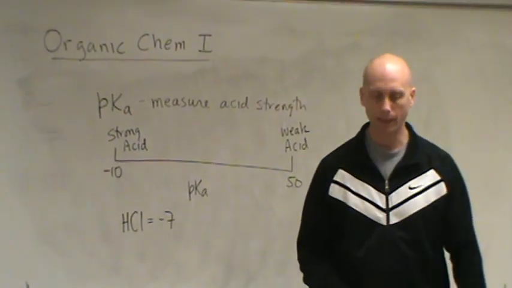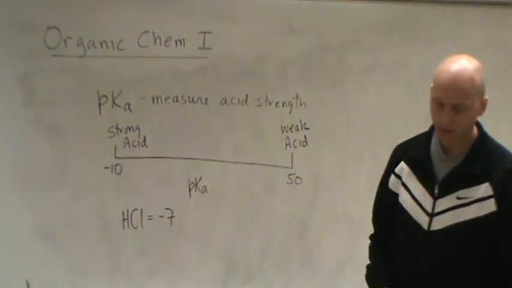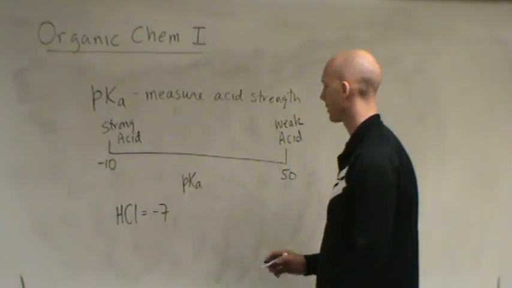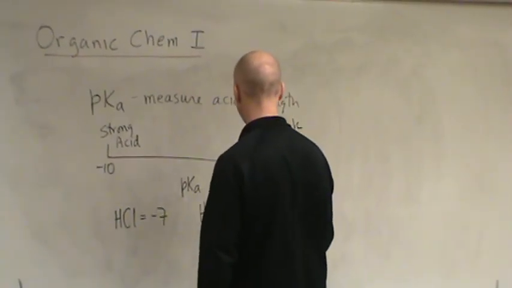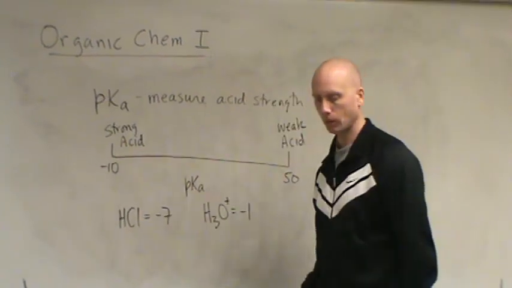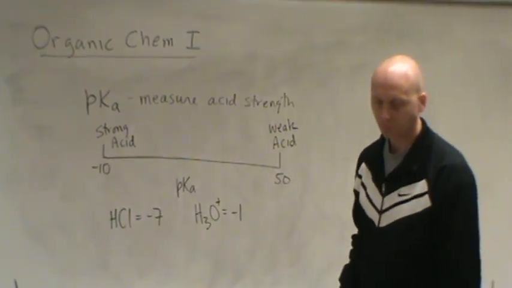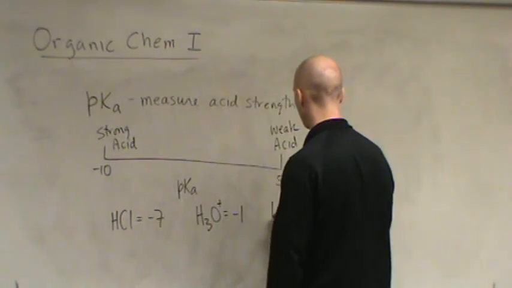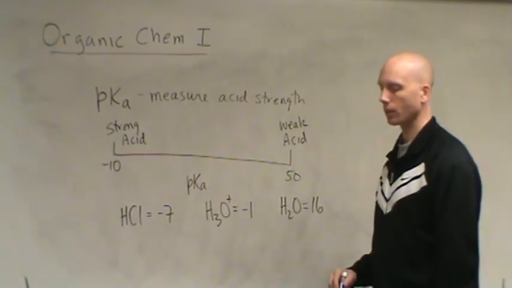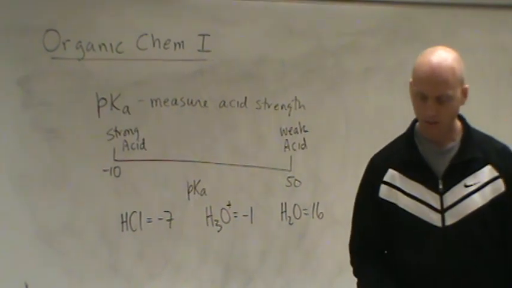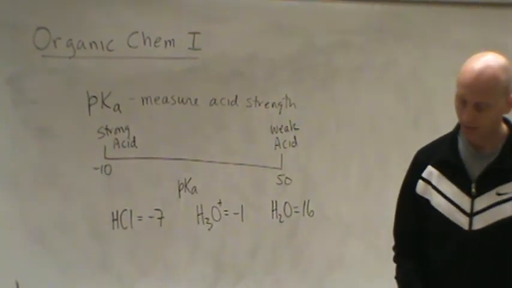HCl equals -7. H3O+ is -1. Water is a lot higher at around 16.